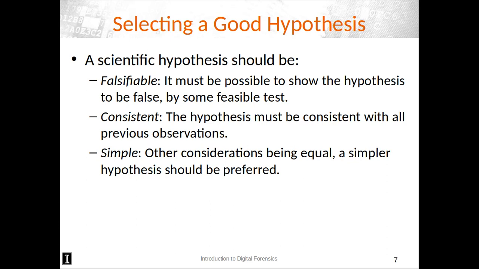Okay, some feasible test. It has to be consistent. The hypothesis must be consistent with all previous observations. Okay? Let's go back to falsifiability for just a second. It seems, at first glance, that if you have a hypothesis, there ought to be a test to prove that hypothesis is not true.